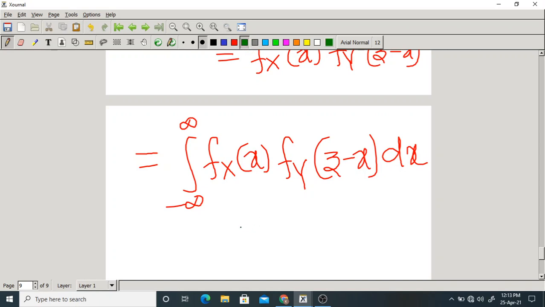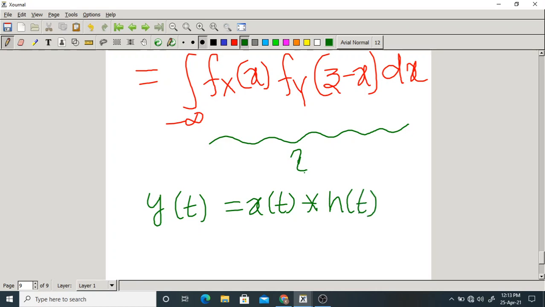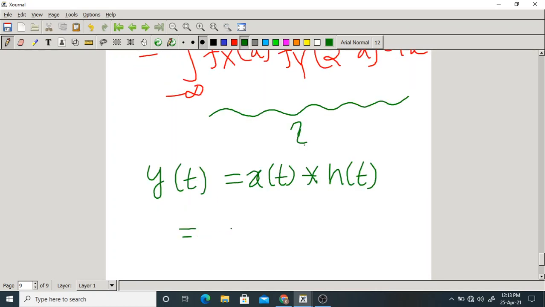Now can anybody tell me what this is? That is the question. Think of it. What is that exactly? If you remember, suppose y of t equals x of t convolution h of t. What is the formula you might have written? Minus to plus infinity x of tau h of t minus tau d tau.